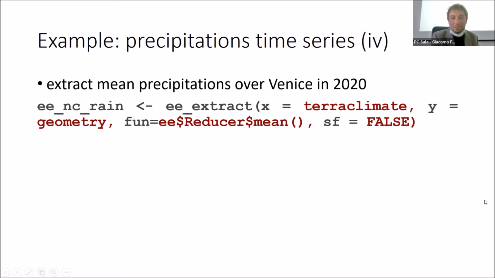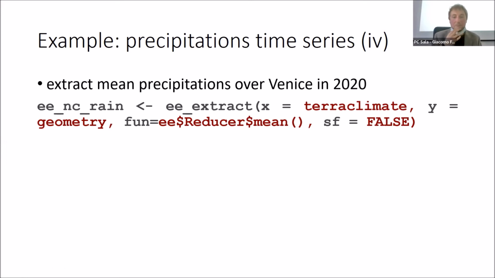So X is the image collection in this case, which we're using. So it's Terra Climate. If you saw in the previous slide, I defined the object called Terra Climate, this imported dataset. Y is the geometry or the polygon on which you want to extract this data. So in the first slide, if you remember, we created an object called geometry, which is the boundary over Venice, the city of Venice.